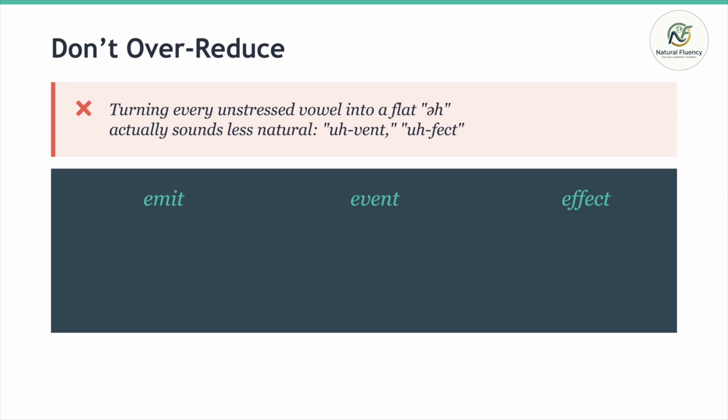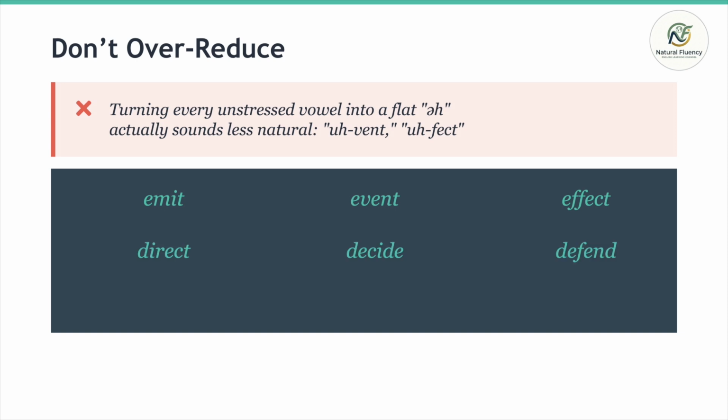In event, the E is still there. Same with effect. Even though the first syllable is weak, flattening everything into "uh-vent" or "uh-fect" works against you. Let's do them together. Emit, emit. Event, event. Effect, effect. Good.